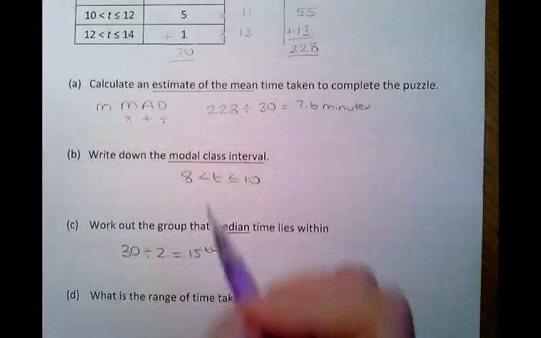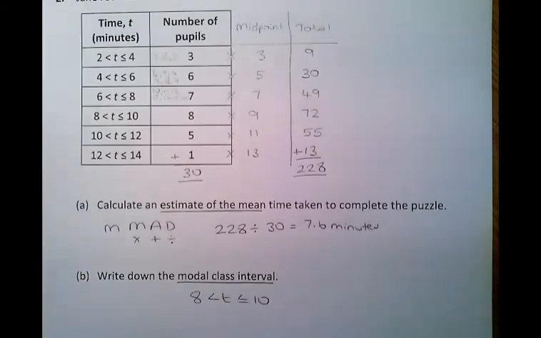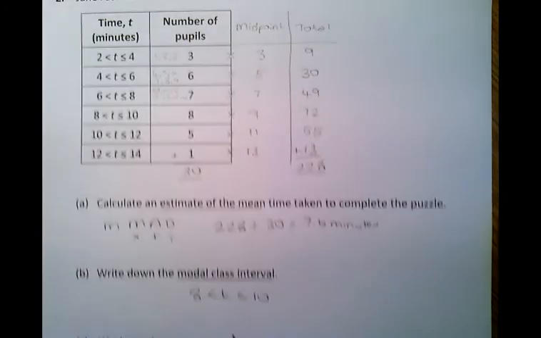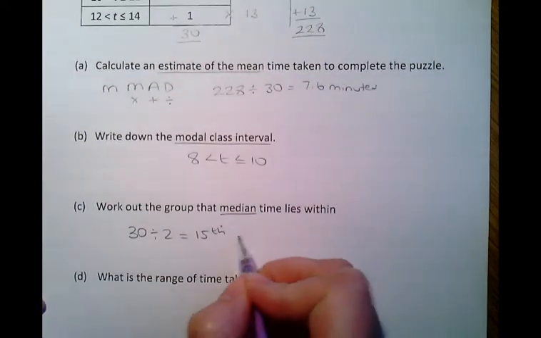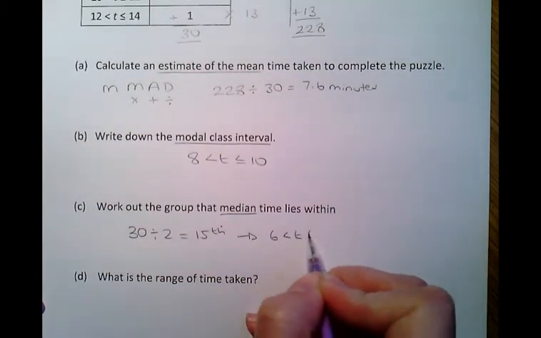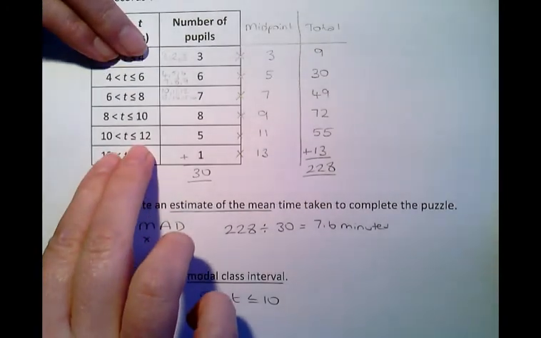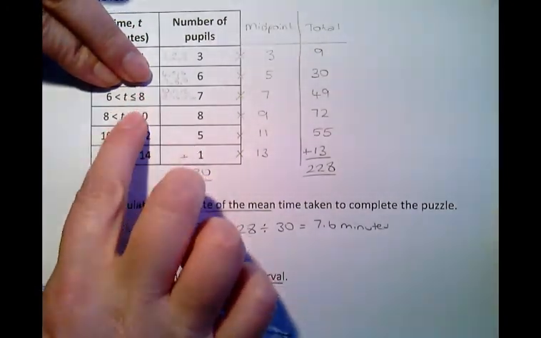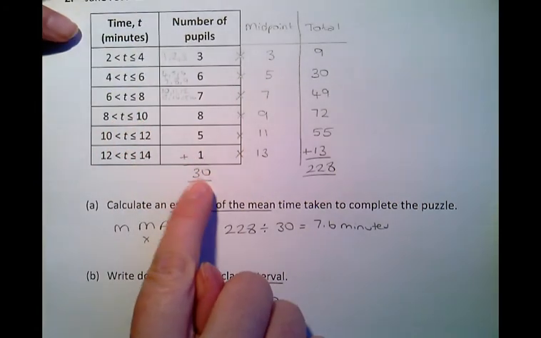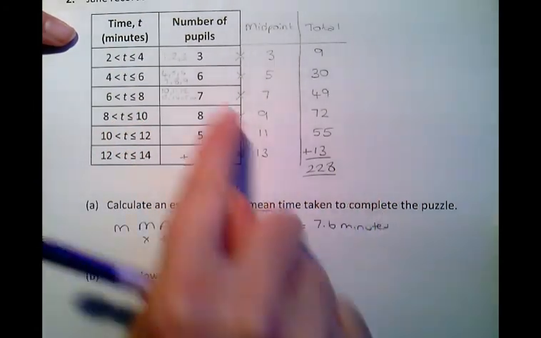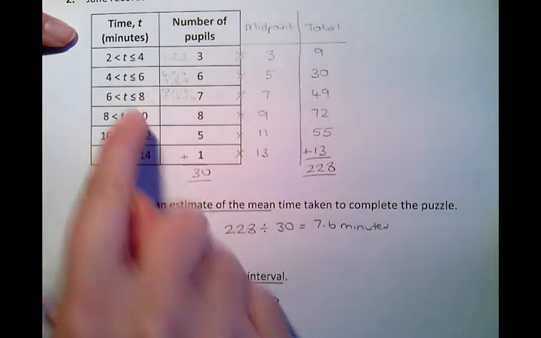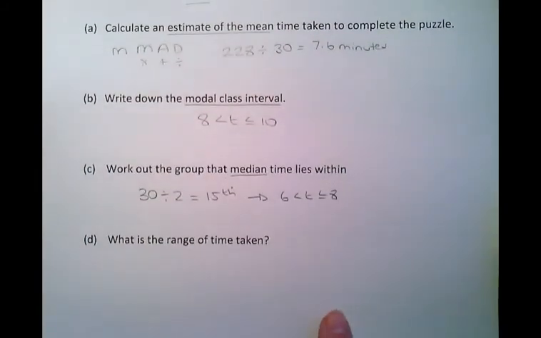And we were looking for between the 15th and 16th person, so that would be the 6 to 8 group. So your median is the 6 to 8 group. Again, to get your median, you don't just go like that, because then it would end up being in between those 2 groups. So take the number of people, cut it in half, and then count up through your frequency to see what group that person would lie in.